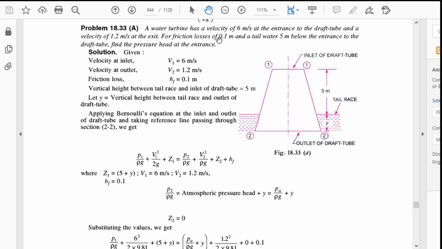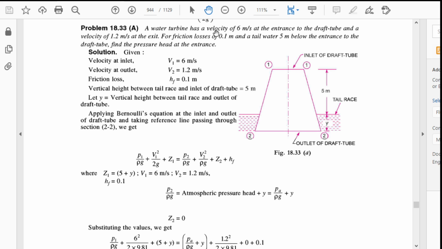Okay, in this numerical, they have given a draft tube of the turbine. Here the inlet of the draft tube is shown, the outlet of the draft tube is shown, and the tail race is clearly shown.